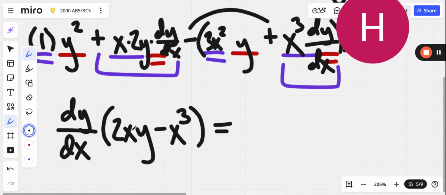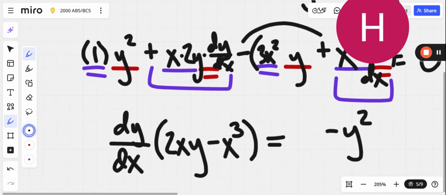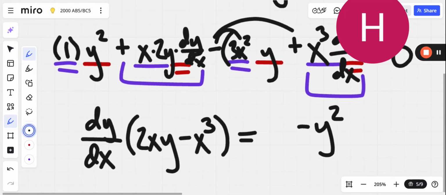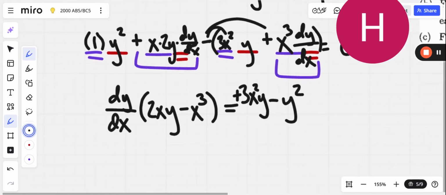Anything without dy/dx is going to get moved to the other side. So y squared is going to get moved to the other side. It's going to be subtracted on the other side, whereas this negative 3x squared y is going to be added on the other side. We're getting rid of it from the left side of the equation, and that's because we want dy/dx by itself.